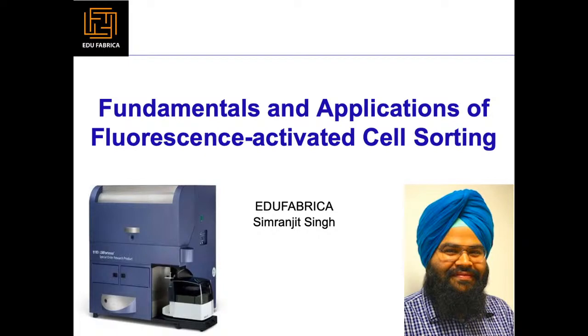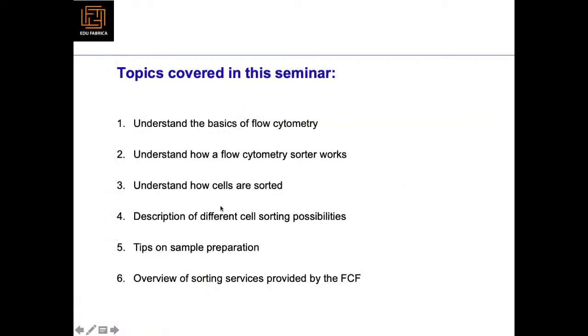So first in this part we will discuss the various fundamentals and applications of fluorescence activated cell sorting, that is FACS, and how FACS analysis is done. Here we can see this machine by BD Biosciences. It is a small machine, and in most universities or in most of the diagnostic labs this machine is always there, FACS analysis.